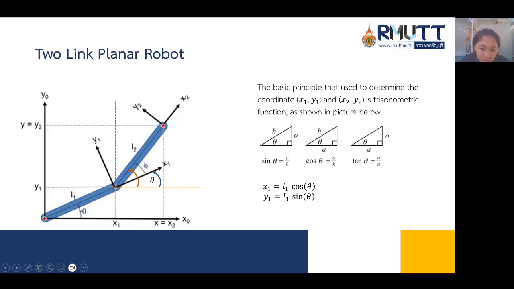So we can calculate x1 like this. We use cos theta. And for y1 it is like this. The calculation will use sin theta. So x1 is equal to L1 multiplied by cos theta, and then y1 is equal to L1 multiplied by sin theta.